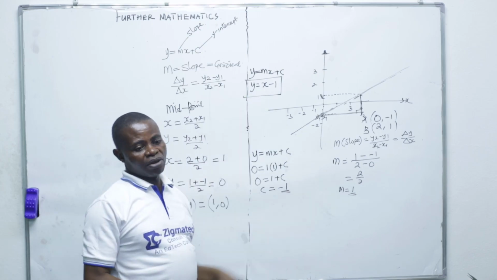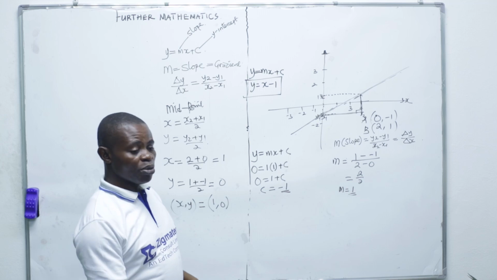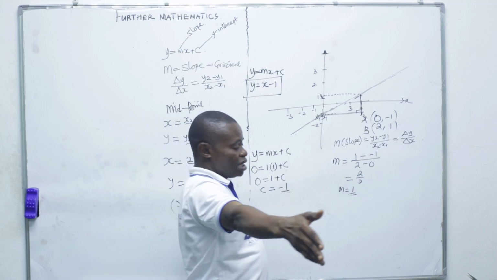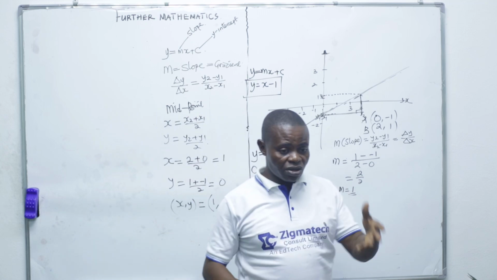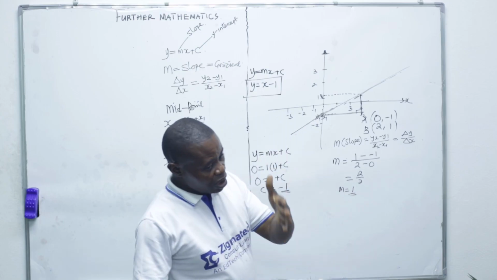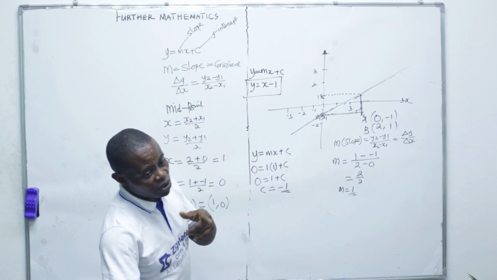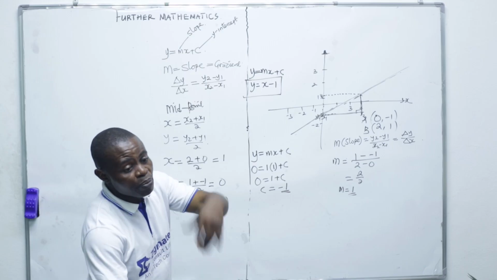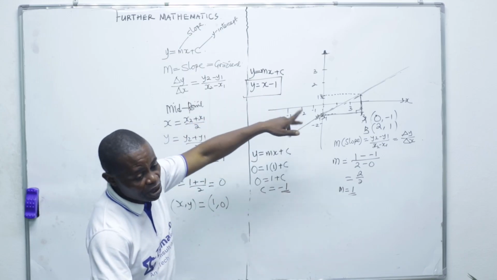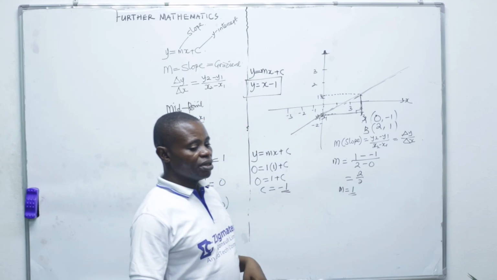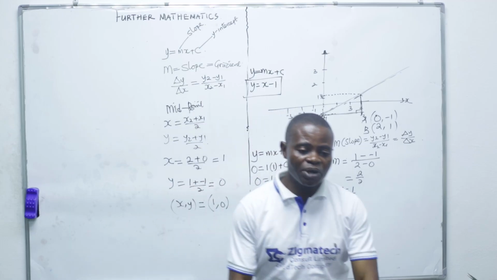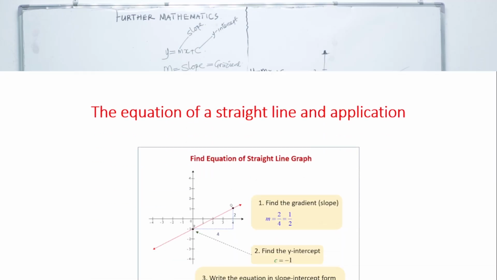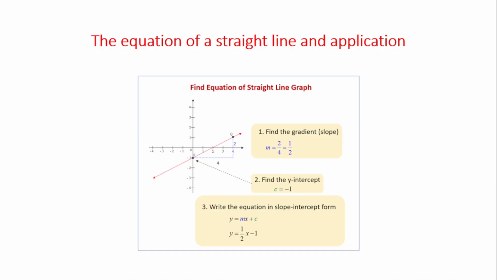Y equals x minus 1. But the one they plotted on the screen, as you can see, is what? Y equals 1 over 2 x minus 1. It depends on what your value is reading. You just don't copy another person's slope because you want to plot or you want to interpret something.